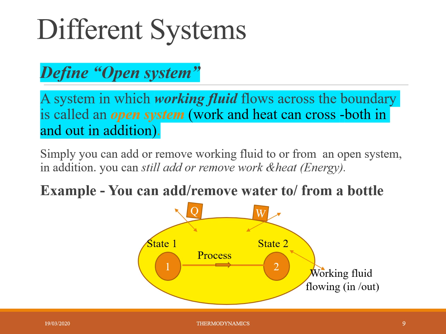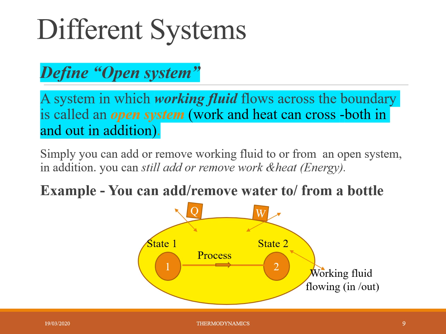We'll refer to the previous figure, which is in your mind. State 1 is converted into state 2 due to a process. This takes place within the system with your working fluid. Your system may be a closed one or an open one.